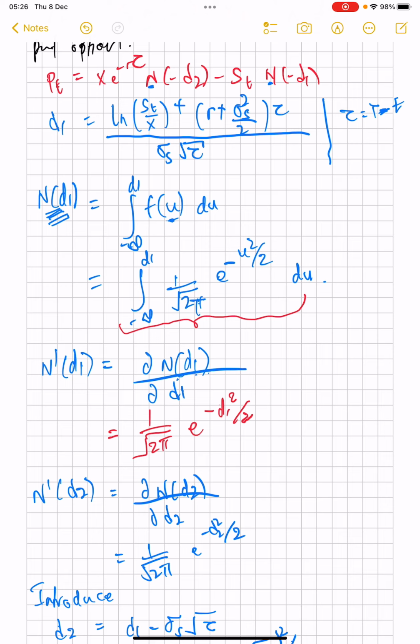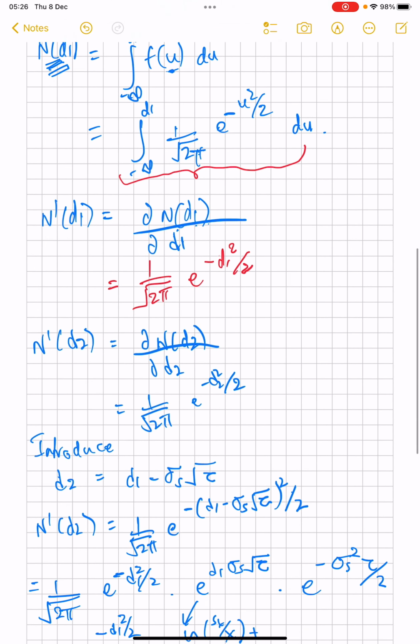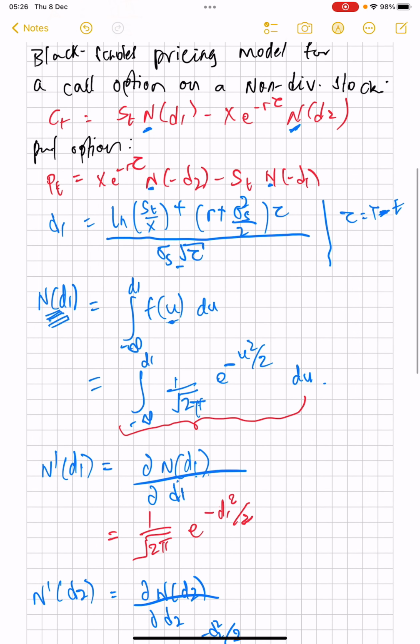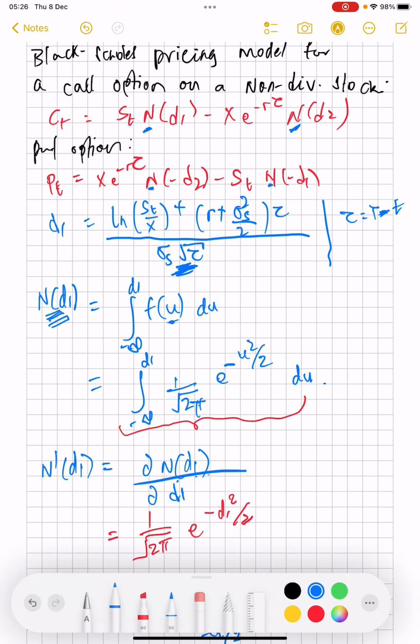Alright, so I have this sigma root tau, which will get cancelled out with a 1 in here. I'm just going to erase it.